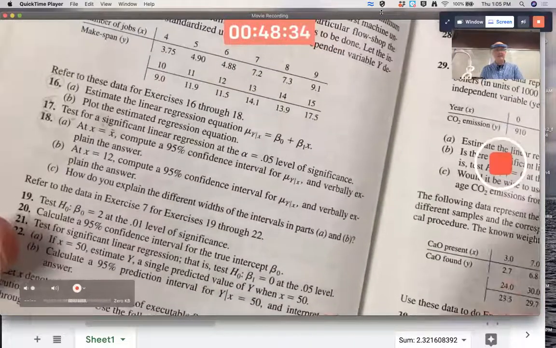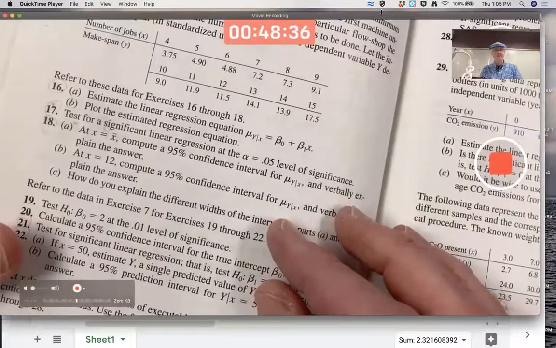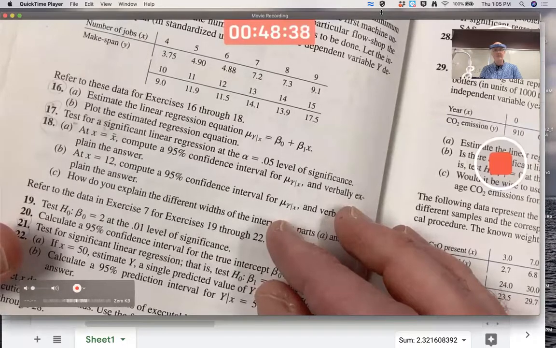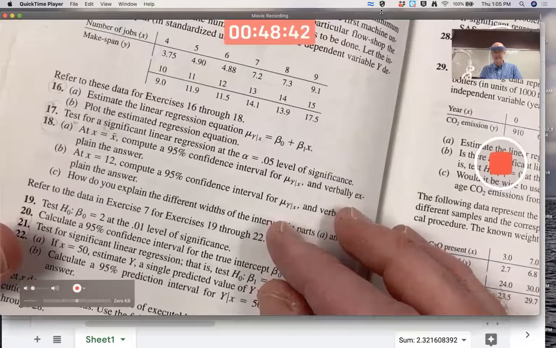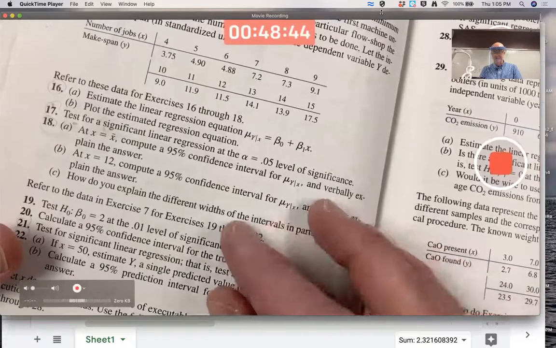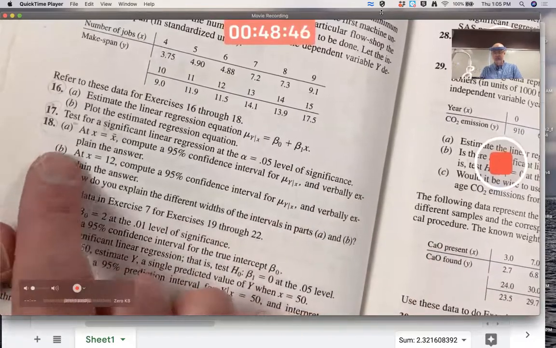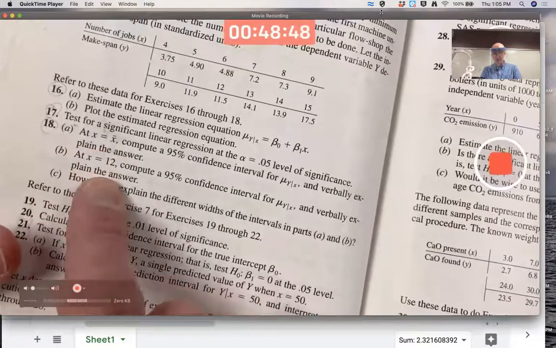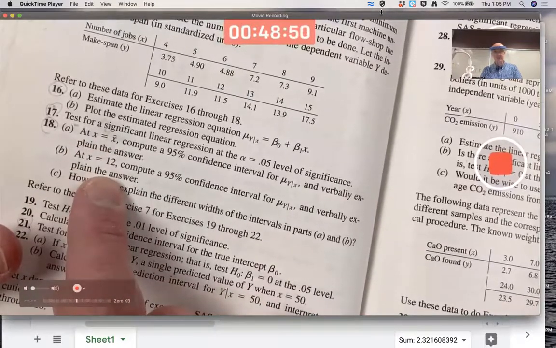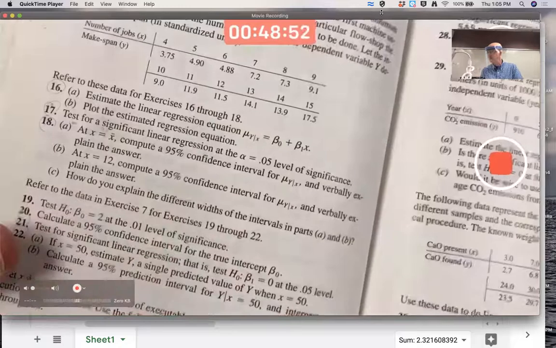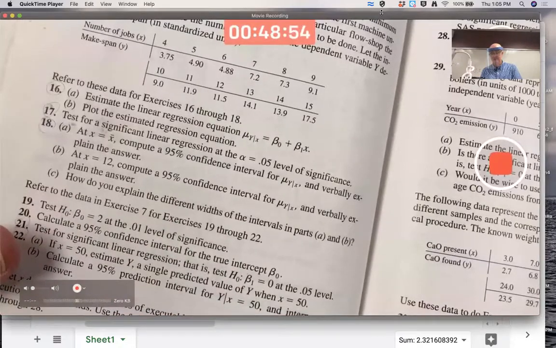What does number 18 do? Didn't assign number 18, but I'm going to show you the formula you can use to do it, and you should be able to do it for the test. 18, parts A and B. When x equals two numbers, either x bar or 12, x bar is whatever x bar was. I think it was 9 something.